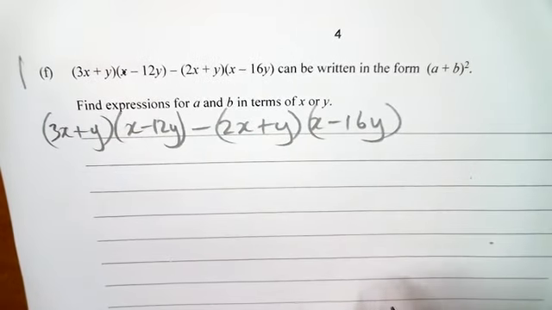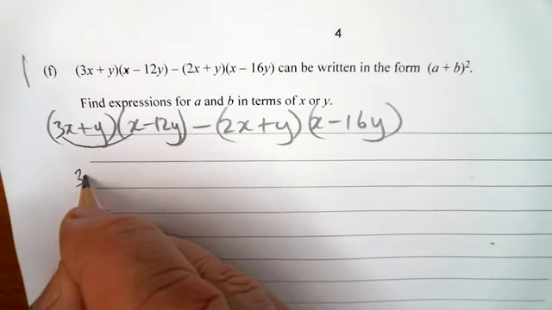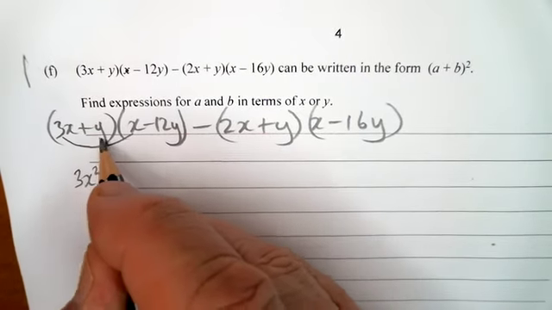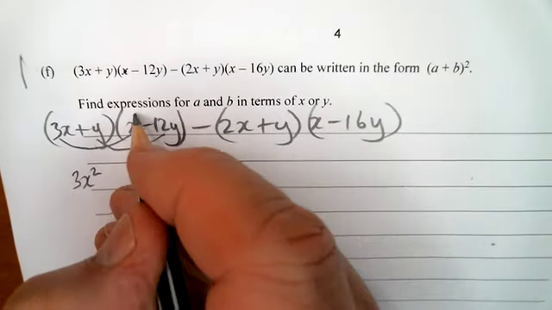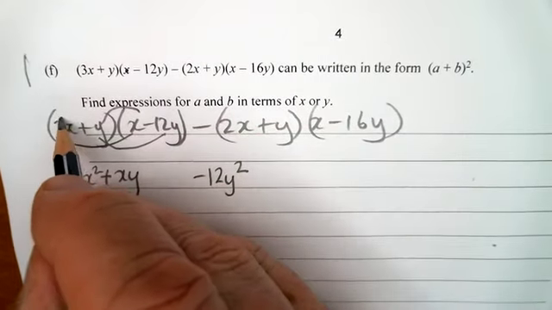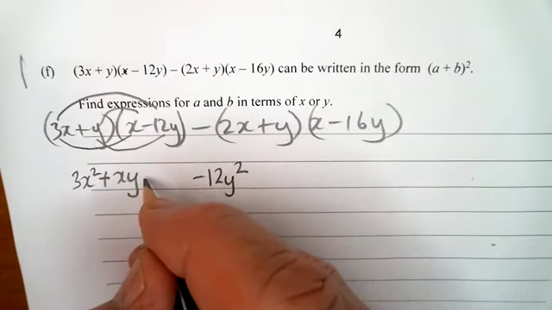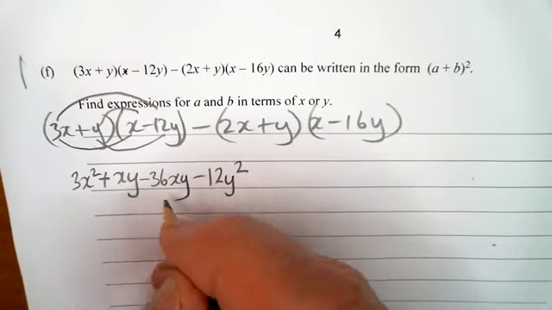Let's go ahead and start. So we've got 3x times x, that's going to be 3x squared. Y times 12y is going to be minus 12y squared. We've got an xy, so a plus xy in there. And we've got a 3 times negative 12, which is going to be minus 36xy.